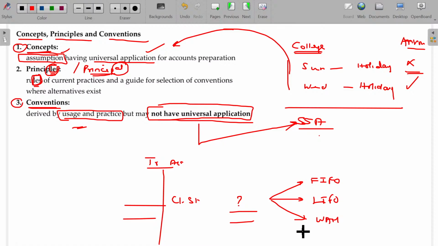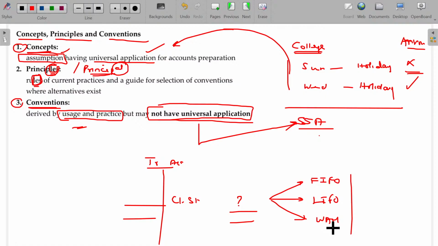Okay, n number of methods are there. You will study all these things at your inventory chapter, CA foundation. Inter students can study in your costing chapter. Even accounting standard number 2, there also you can study. So we have 2 or 3 models for valuing the closing stock.